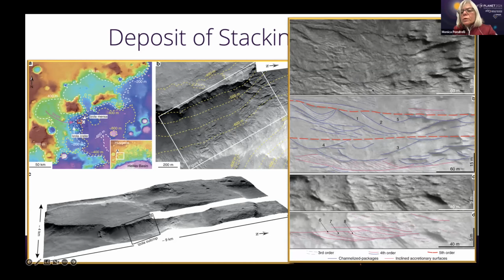For example, you see here, these are meandering point bar deposits, while these are stacked deposits of channel. It means that here the fluvial sedimentation was persistent for a long amount of time, and with geometrical characteristics which are totally comparable to the ones we have on Earth.